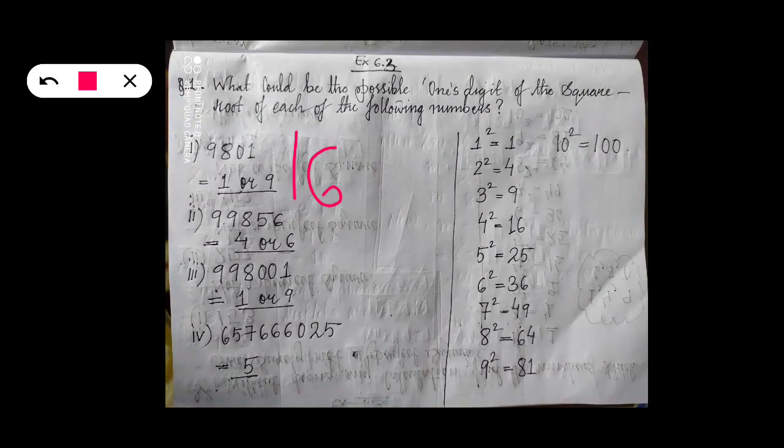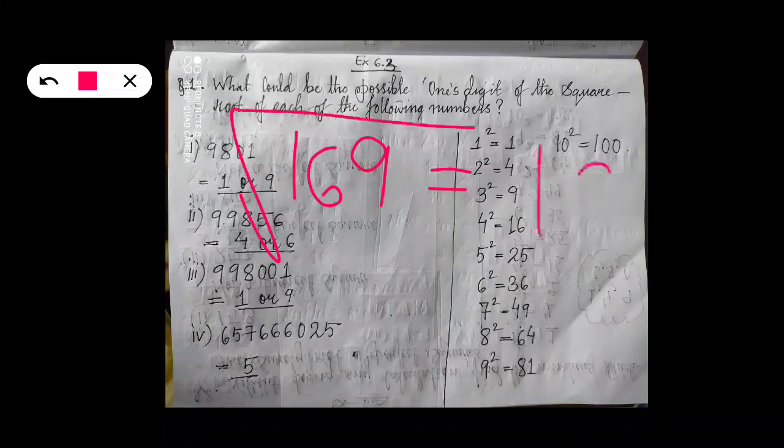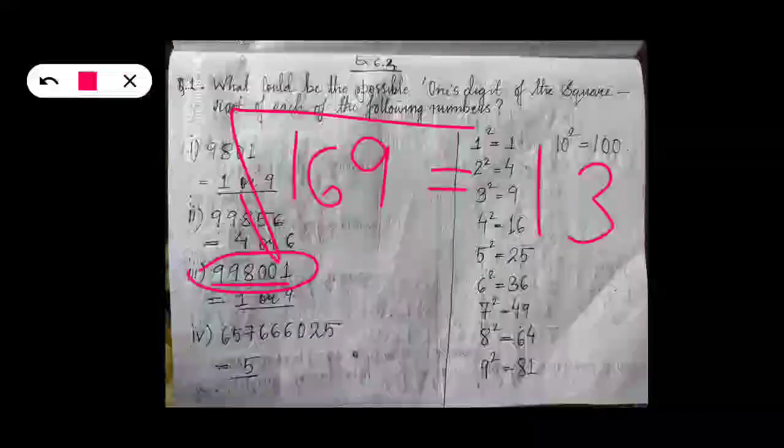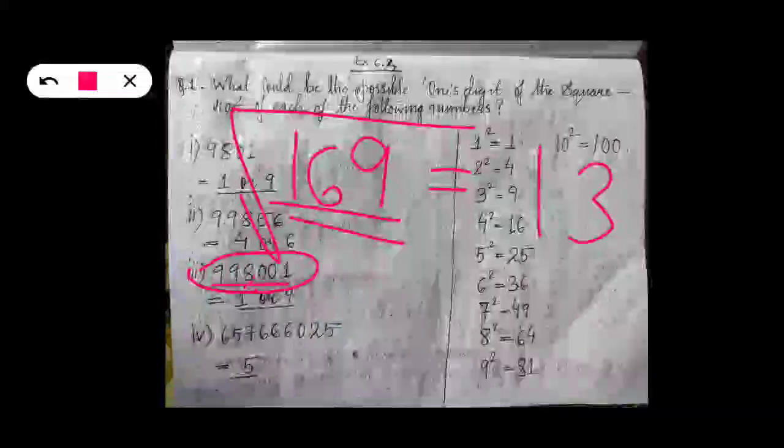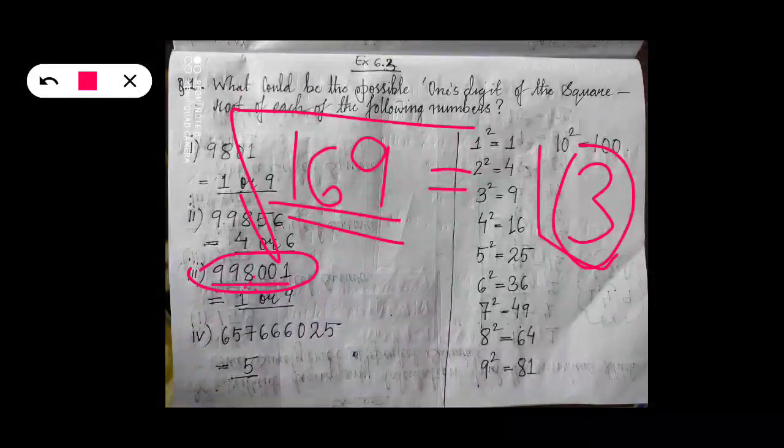Supposedly I take 169. And do you know what is the square root of 169? 13. So the square root of 169 is 13. So here we don't know what is the square root of these numbers, okay? Like the square root of 169 is 13. So what is in the unit digit? 3. So 3 is the answer.